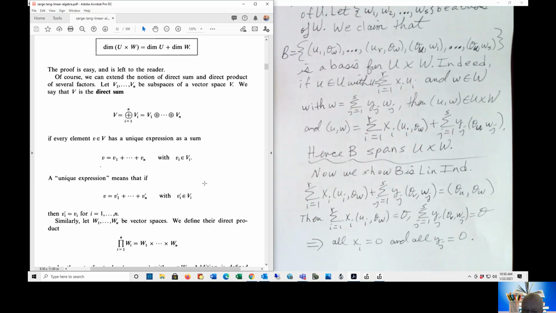Hence, all of the xi scalars are 0, and all the yj scalars are 0. Hence, these vectors are linearly independent, and they form a basis for the direct or cross product.